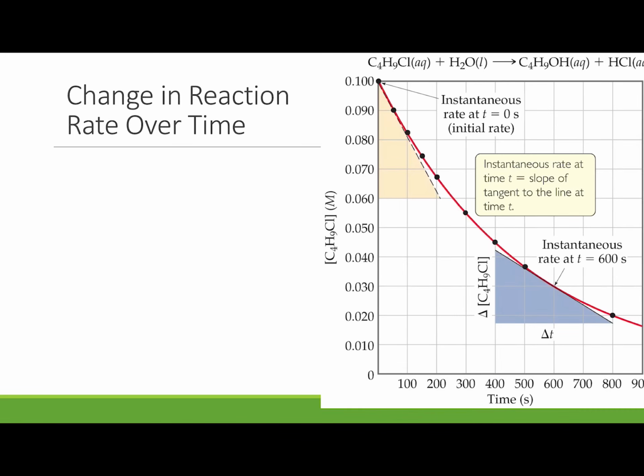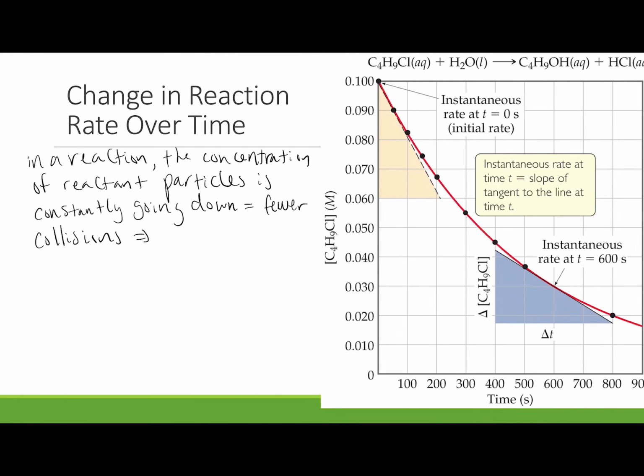So in a reaction, the concentration of reactant particles is constantly going down, which means we have fewer collisions, which leads to a lower or decreased rate.